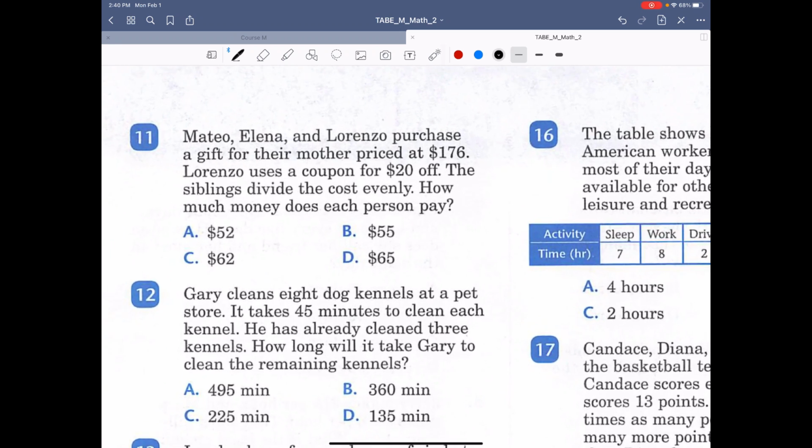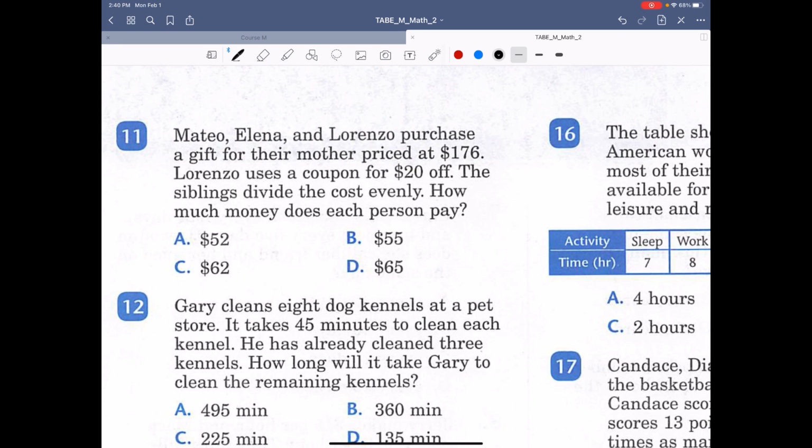Mateo, Elena, and Lorenzo purchase a gift for their mother, priced at $176. Lorenzo uses a coupon for $20 off, and then the siblings divide the cost evenly. How much money does each person pay?